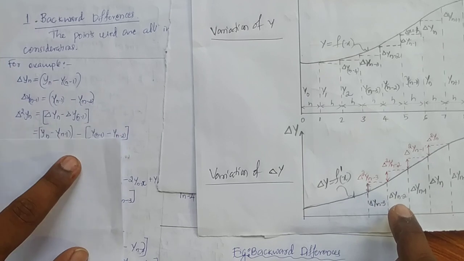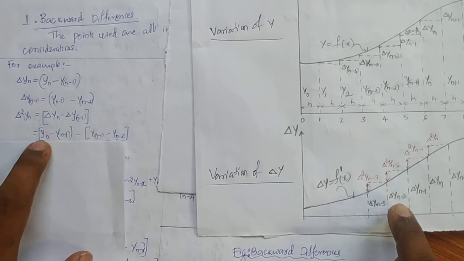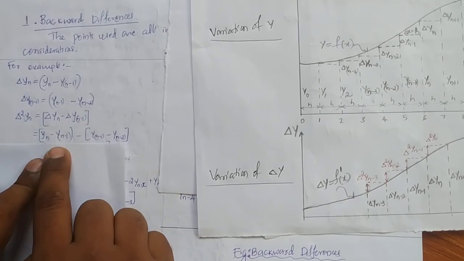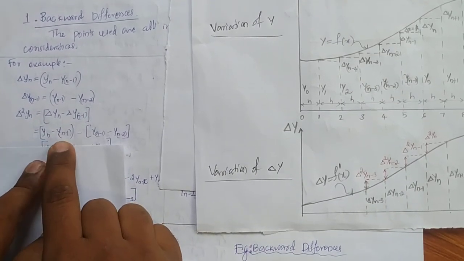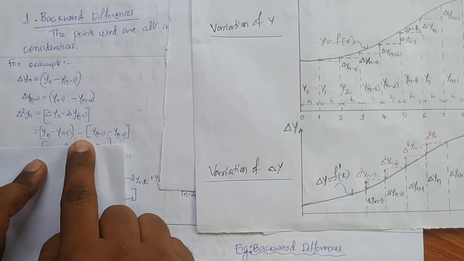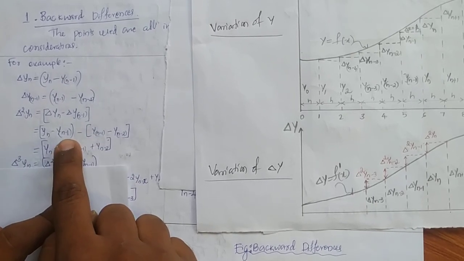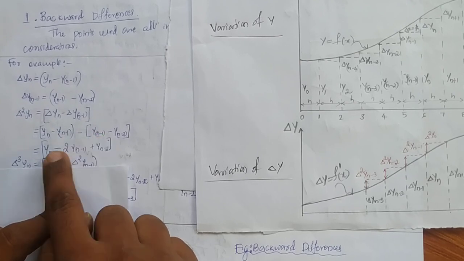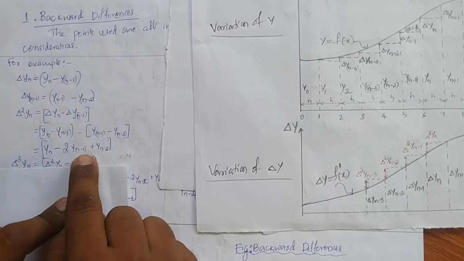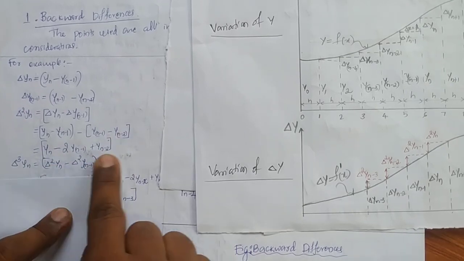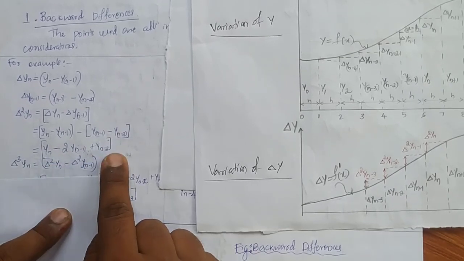So you just substitute the values of delta yn and delta yn minus 1. That will give you yn minus yn minus 1, minus yn minus 1 minus yn minus 2. If you calculate it, there are two values of yn minus 1, so it is yn minus 2 yn minus 1 plus yn minus 2, okay. So this is the second order difference.